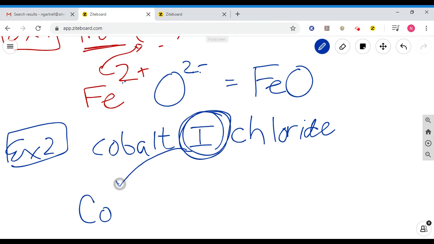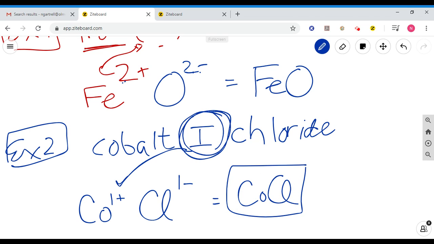It's a Roman numeral 1, so I write its charge as 1 plus. Then I have chloride, which needs 1. My charges are the same, so what do we do? Drop the charges, write the symbols. CoCl.